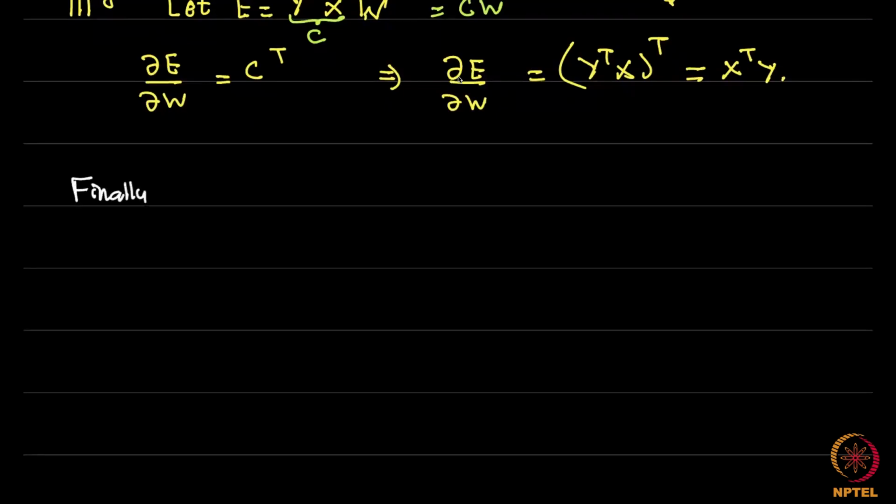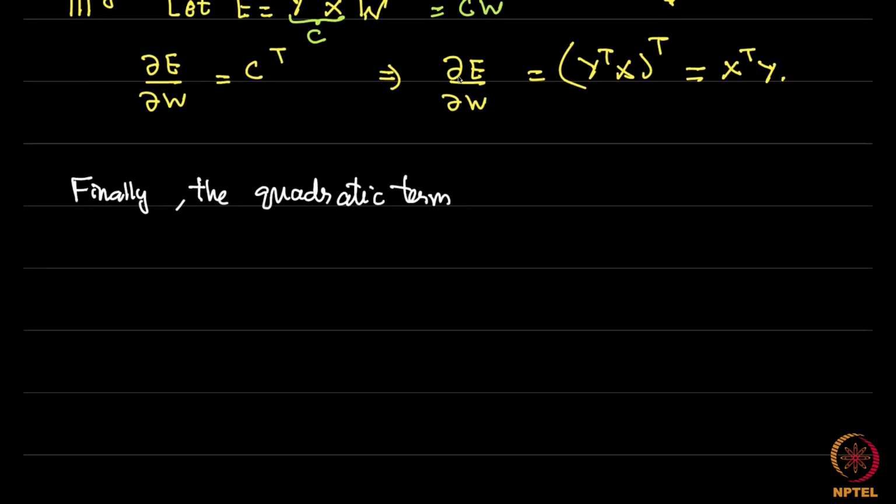Okay, so now finally, let us look at the quadratic term. This I'm going to do a little bit of hand waving. I will not do it in as much detail as the previous terms. I'm going to appeal a little bit to your knowledge of scalar calculus or one-dimensional calculus and not vector or matrix calculus.